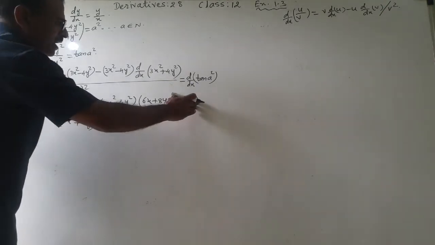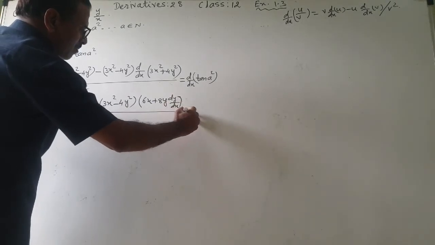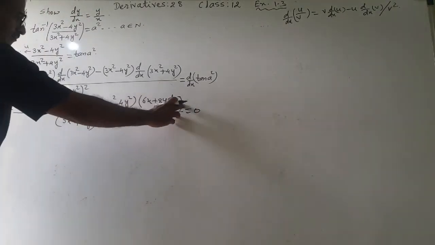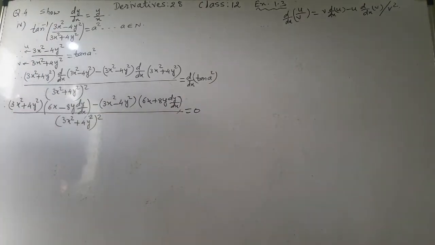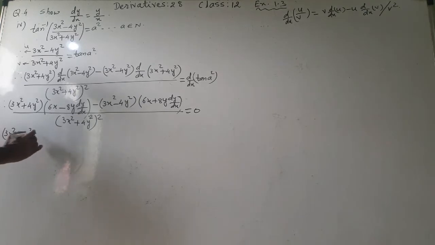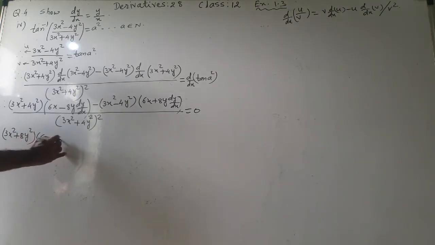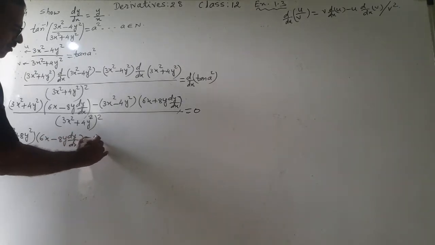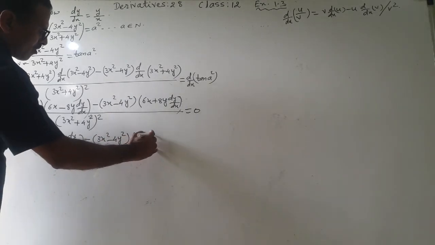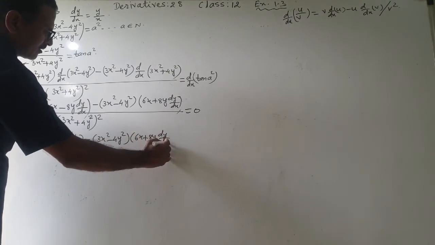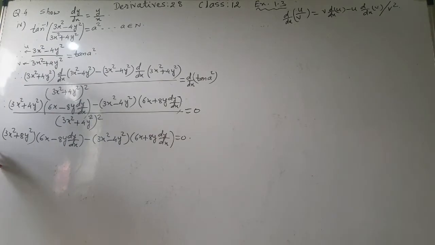Now this denominator will go there and the right side will become 0, and here what will remain is this. Therefore 3x square plus 4y square into another bracket 6x minus 8y dy by dx, minus 3x square minus 4y square into 6x plus 8y dy by dx, is equal to 0.